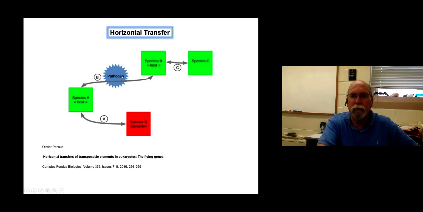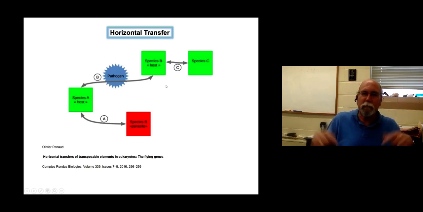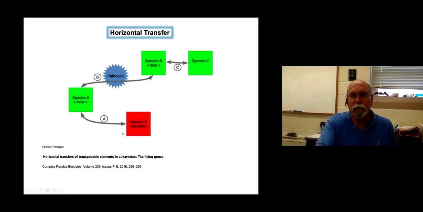The pathogen will move it to a new species, maybe back and forth between several. So some of these viral attacks may pick up a transposon when they get into a regular cell and start copying themselves. Well, they may grab a transposon and carry it.